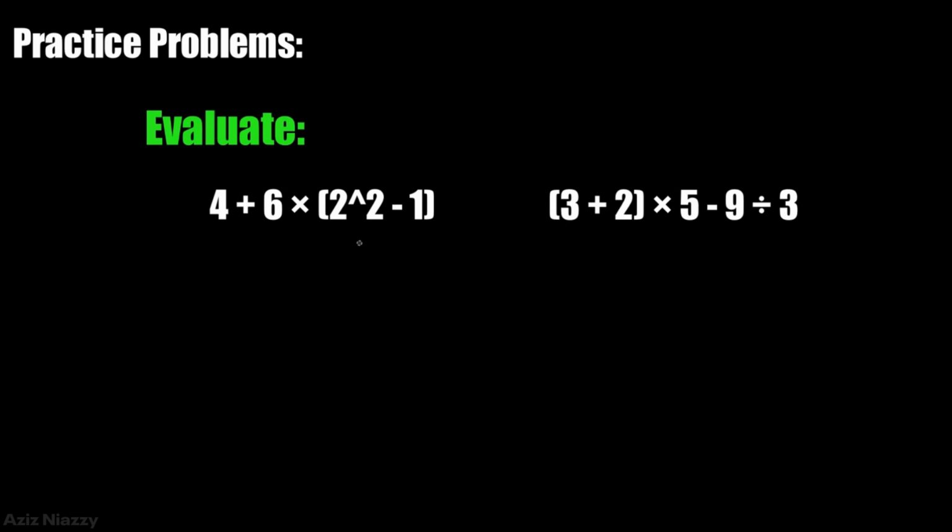So first, let's try this problem. 4 plus 6 times (2 to the power of 2 minus 1). So first thing we do is inside the parentheses, and first we have to do the exponents. So 2 to the power of 2 is 4, and minus 1 is 3.